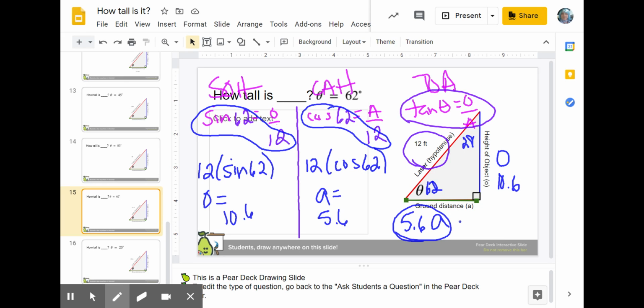So the adjacent should be the smallest side because it's opposite the smallest angle. And the 10.6 should be the medium side because it's opposite the medium angle. And the 12 feet is the largest side because the hypotenuse is always largest. Boom. Drop the mic.